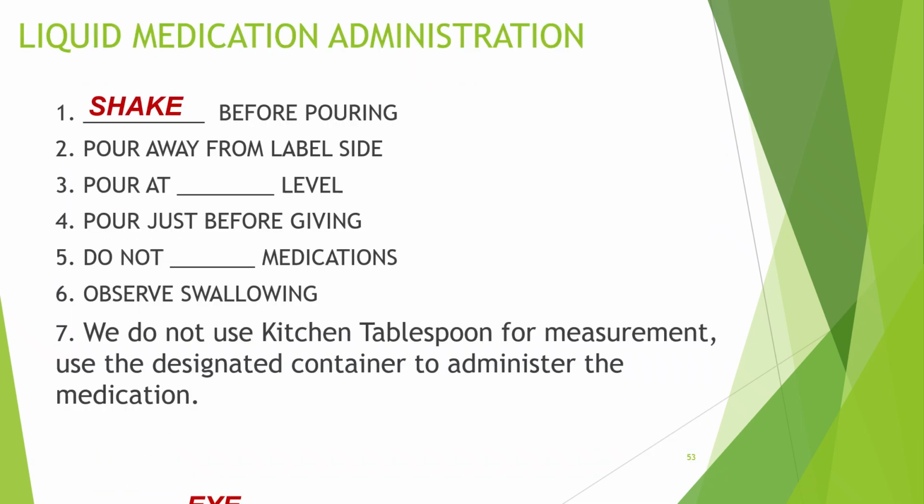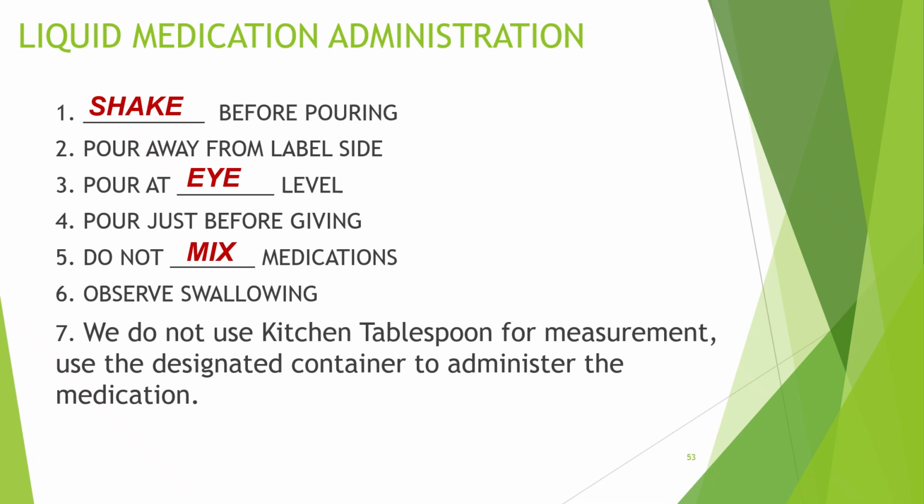Liquid medication administration. Number 1, shake before pouring. 2, pour away from the label side. If the label gets stained, we need to get a new label. 3, pour at eye level.